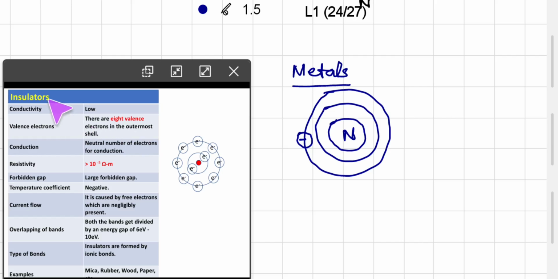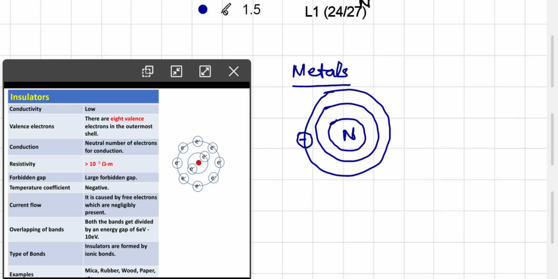Second type of material is the insulator. So we know that different characteristics of materials depend on the number of electrons or the atomic number of the material.